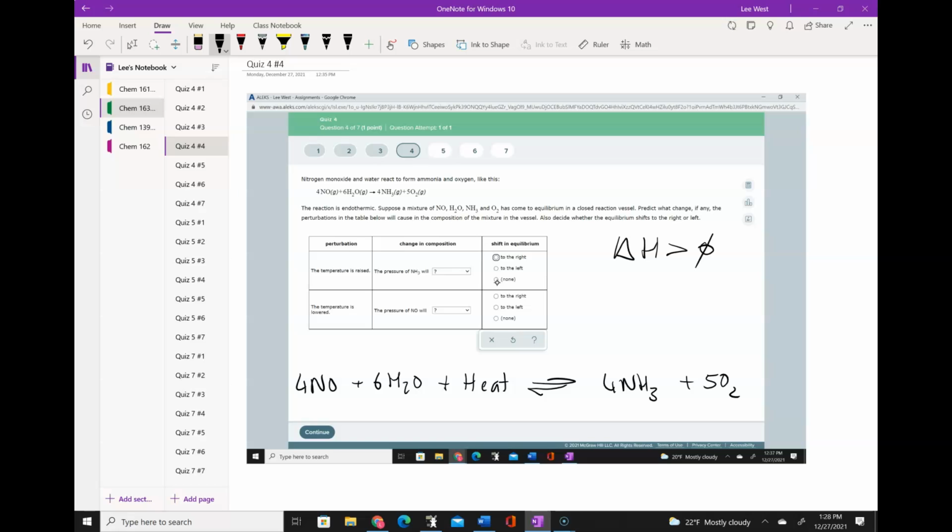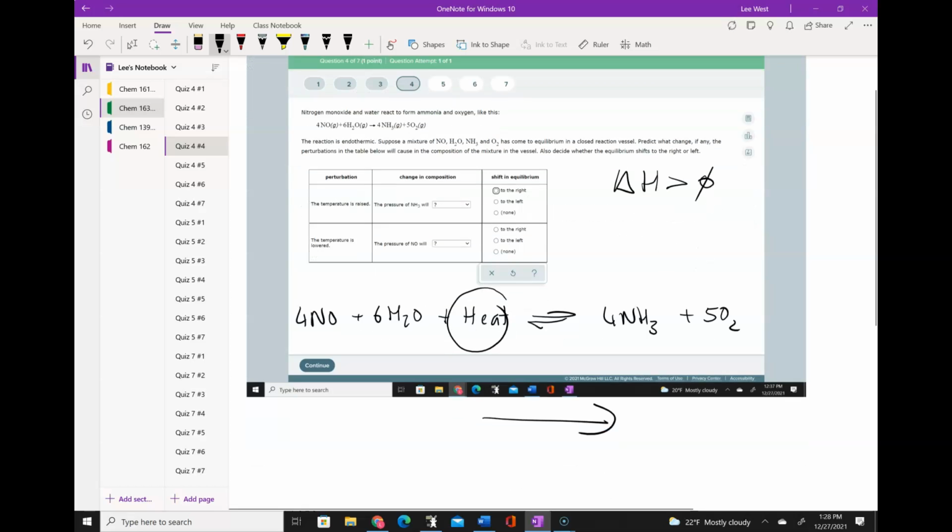Predict what change, if any, the perturbations in the table below will cause in the composition in the mixture in the vessel, and also decide whether the equilibrium shifts to the right or to the left. So we're at equilibrium and we do something to it. All right. So it says the temperature is raised. So we add heat. What does adding heat do?